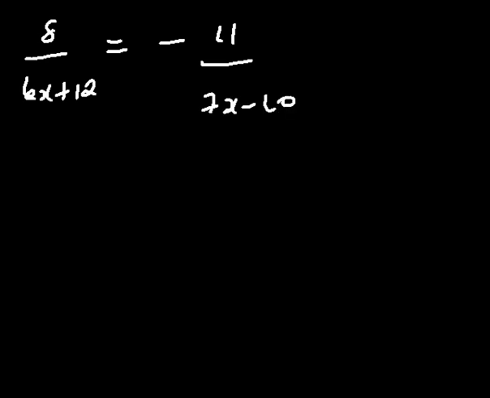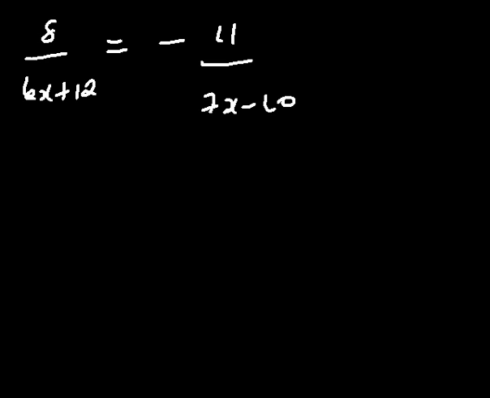And also, let's say we have a case like 8 over 6x plus 12, which is equal to negative 11 over 7x minus 10. How should you solve for that one?